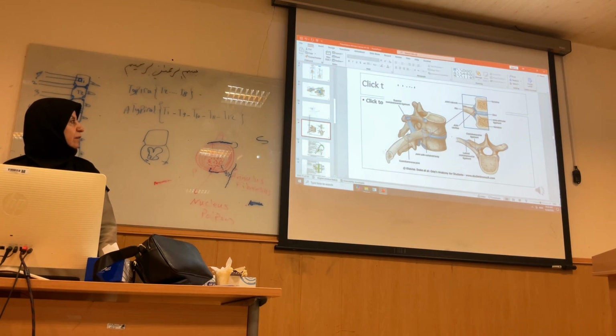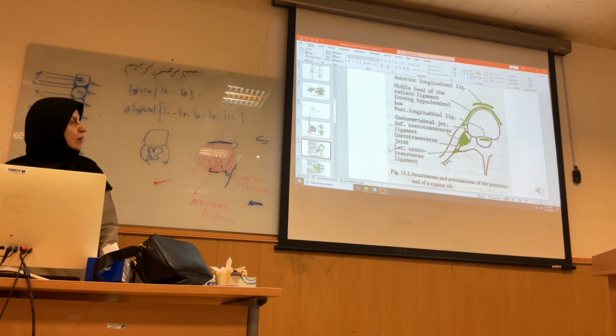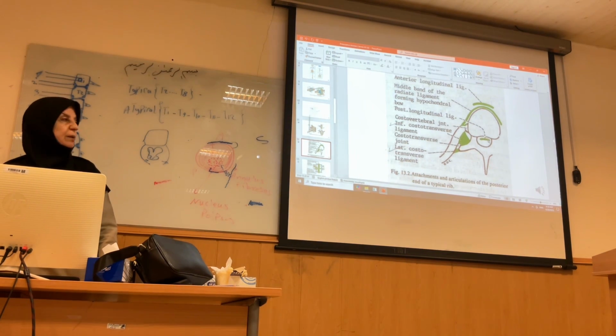Yesterday I explained for you anterior longitudinal ligament, posterior longitudinal ligament. You remember I told you about this costotransverse joint. Laterally it is supported by the lateral costotransverse, and medially it is supported by the costotransverse or medial costotransverse.